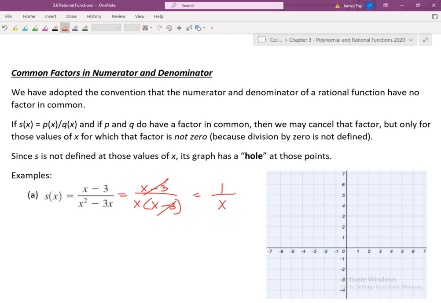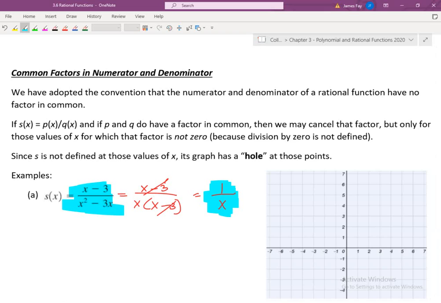So what we're going to find out when we graph these things is that this graph and that graph are 99.9999999% identical. They are almost 100% identical, except for at one point.